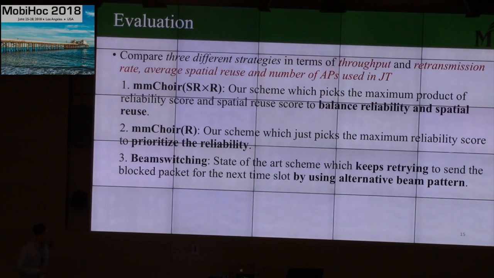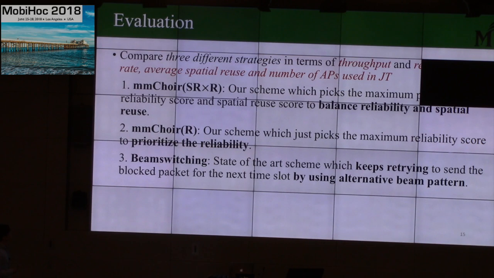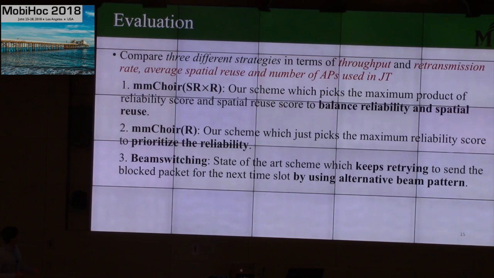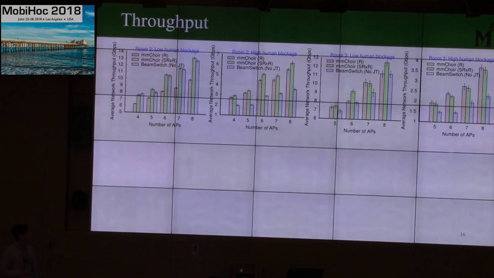And then we compared 3 different strategies with 4 metrics: the throughput, retransmission rate, average spatial reuse, and how many APs are used in joint transmission. So the first scheme is mmChoir SR cross R, which is our scheme to maximize the product of the reliability score and the spatial reuse.